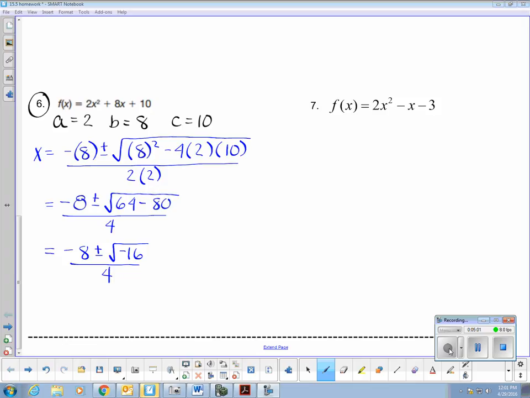At this point, I notice that my radicand is a negative number, so I know that my solution is going to be two imaginary roots. So I need to simplify the square root of negative 16.